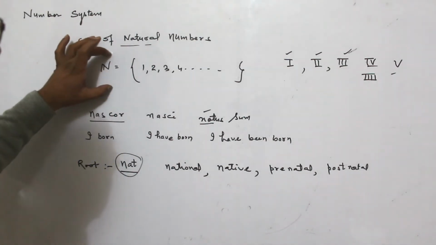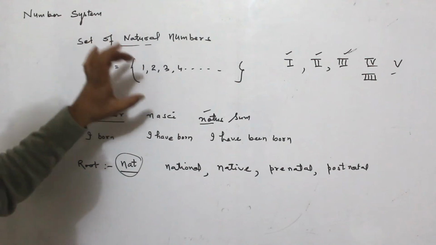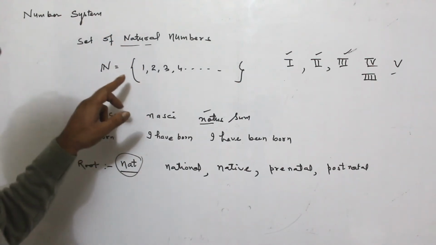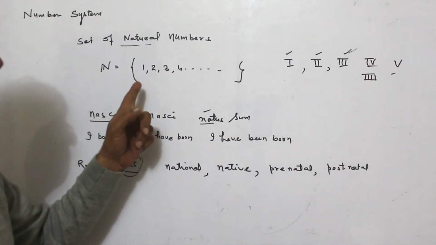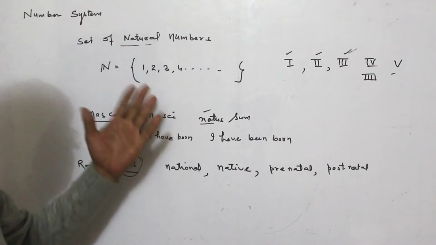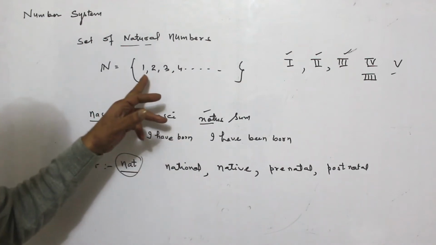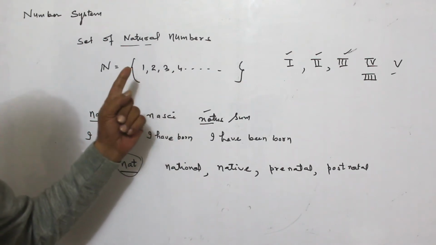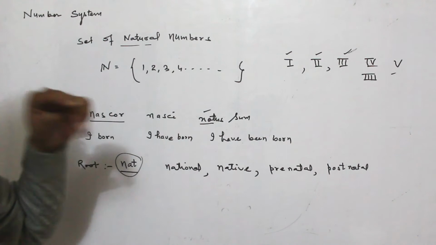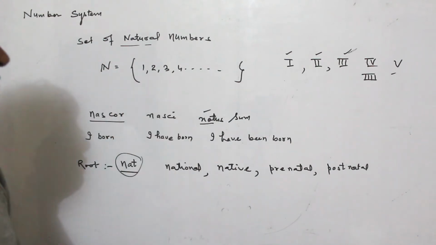One thing you notice is that this set is normally used for counting. But this set satisfies some algebraic properties and not others. If I take any two numbers from this set and add them, again I will find a natural number.